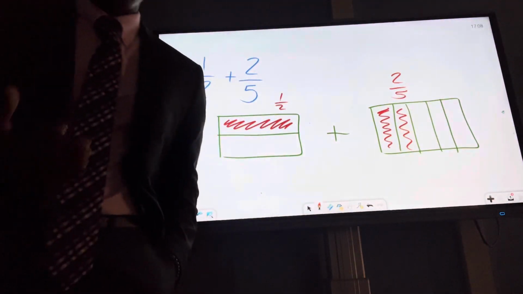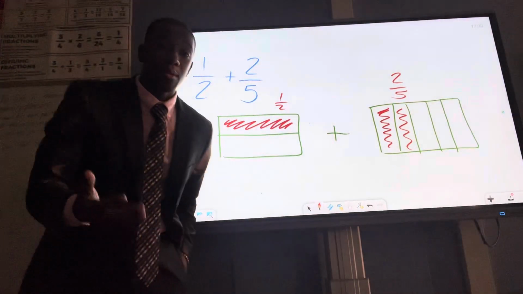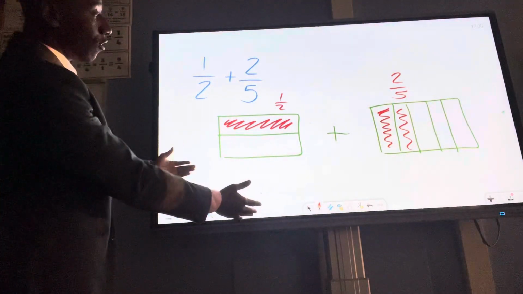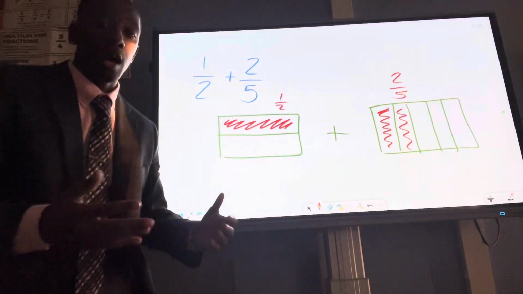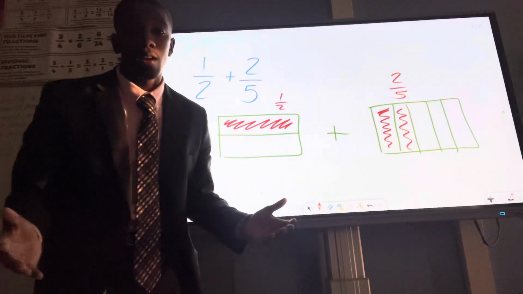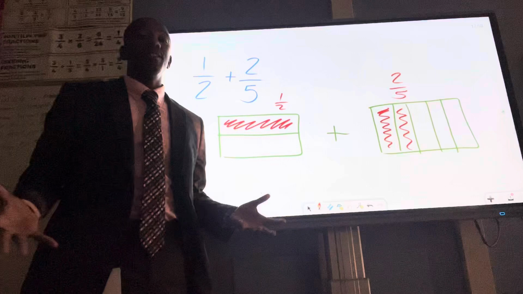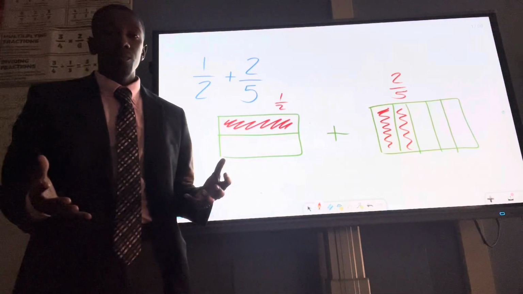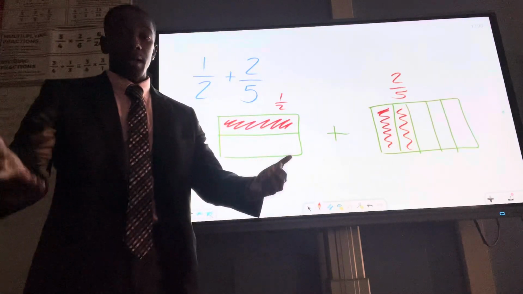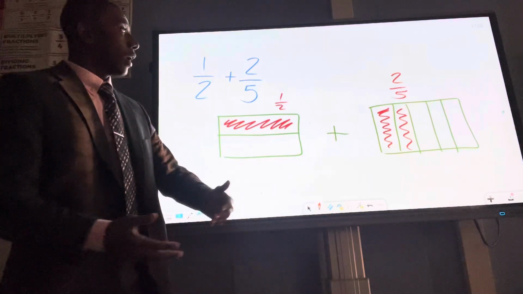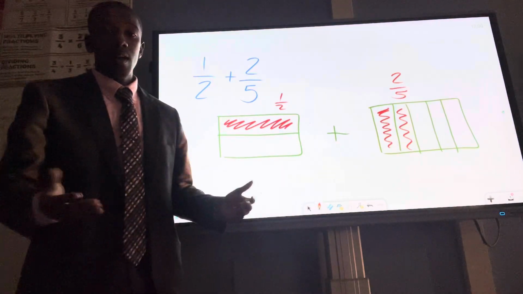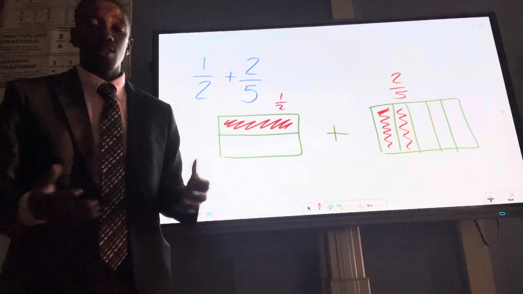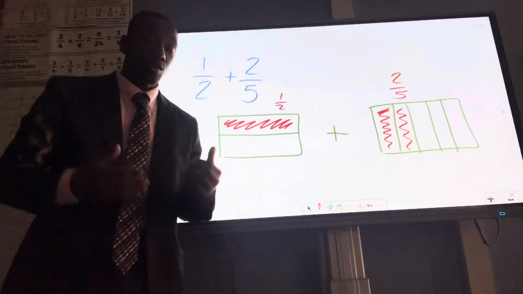My issue here is I cannot add these because they do not have the same amount of pieces. I want both of my cakes, or let's say I call them brownie pans or anything. I want both of these to have 10 pieces in them. So what I'm going to do is try to find a common denominator, right? So same as last time, you're gonna list out your common denominators. You're gonna try to figure them out. Now, some of us can do this in our head.